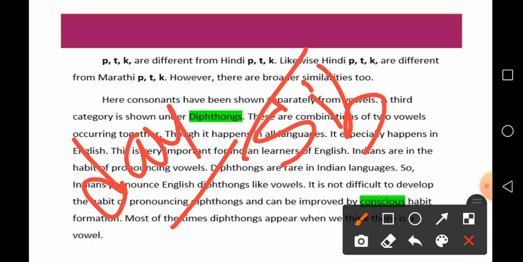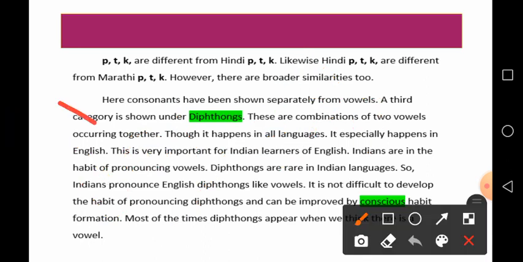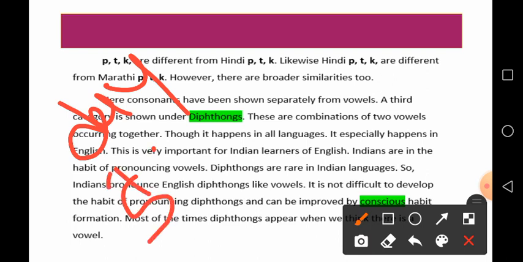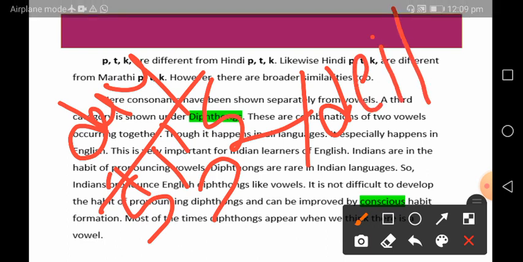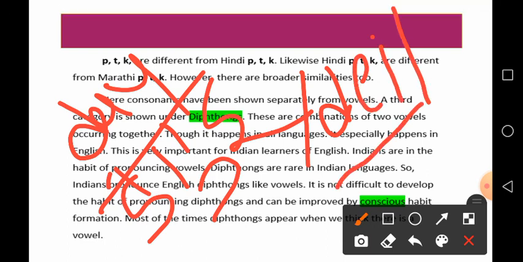So their pronunciation is day, means d, then a and then e. The word is pronounced day, it is written like d, then a and then e.